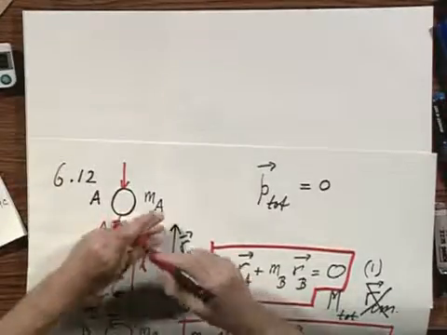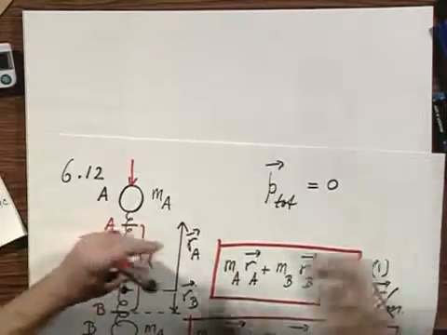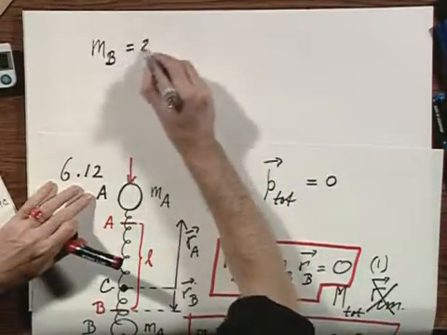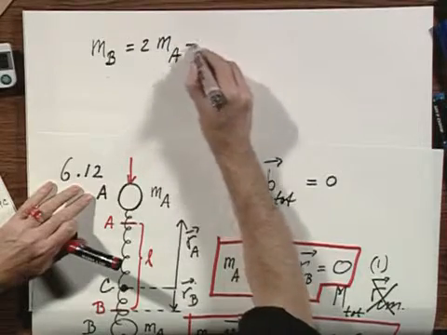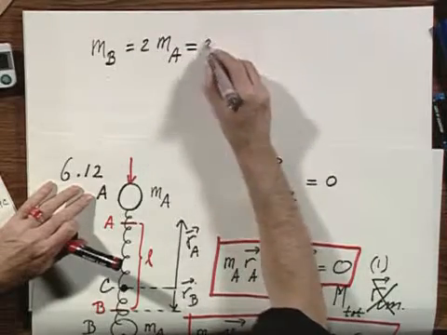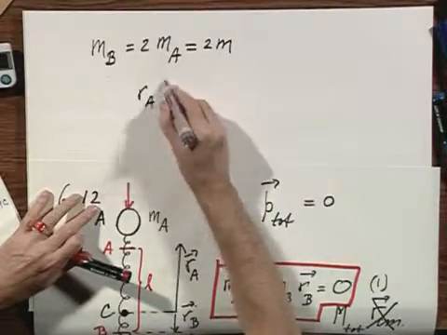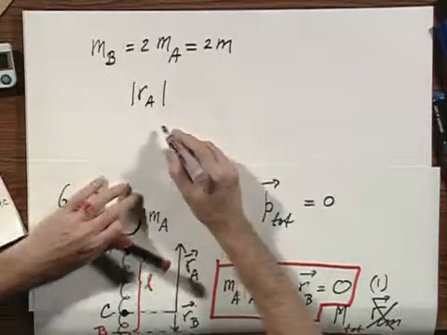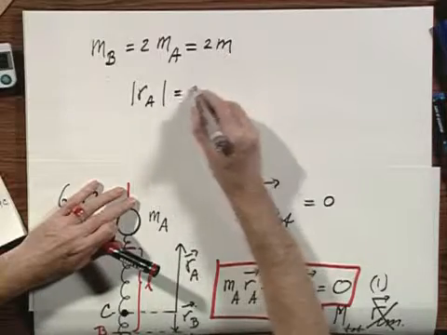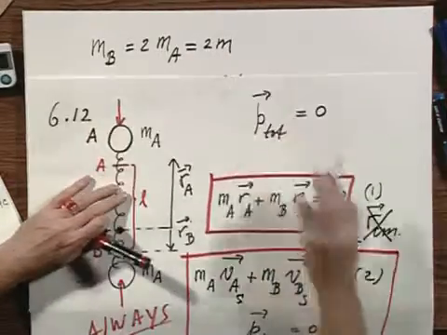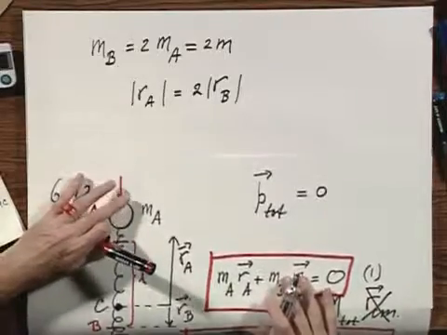Now in our problem, we know that MB happens to be twice MA, and let's call MA little m, so that is 2m. So it follows immediately that the magnitude of RA, the magnitude of the displacement vector of A, is twice the magnitude of the displacement vector of B. That follows immediately from this equation.